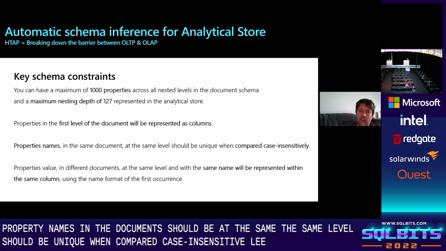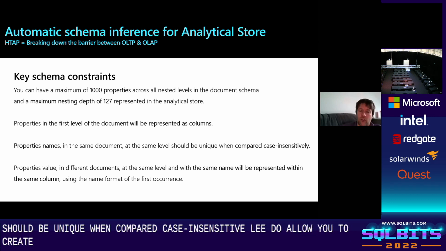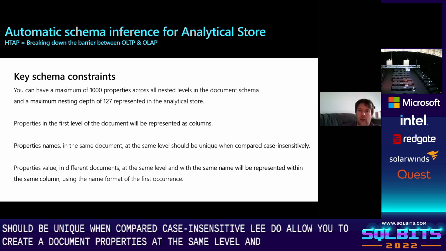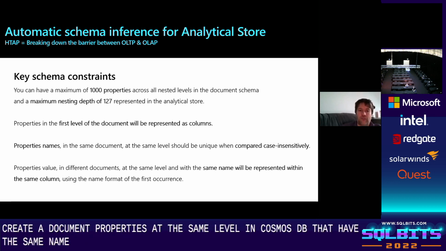Property names in the document at the same level should be unique when compared case insensitively. We do allow you to create properties at the same level in Cosmos DB that have the same name but a different case.